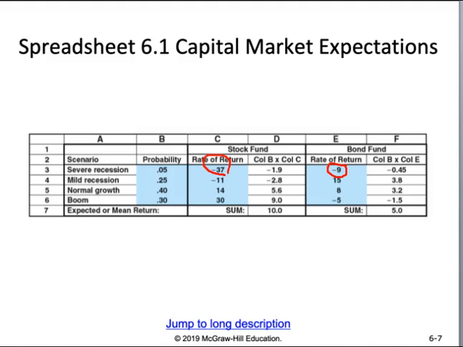And you would sum those two, and you would get a negative 20.2 for the portfolio. So the portfolio here in a severe recession, and our portfolio that we're examining is 40% stocks, 60% bonds. So again, 40% of this number plus 60% of this number, add that, and you would get a negative 20.2.